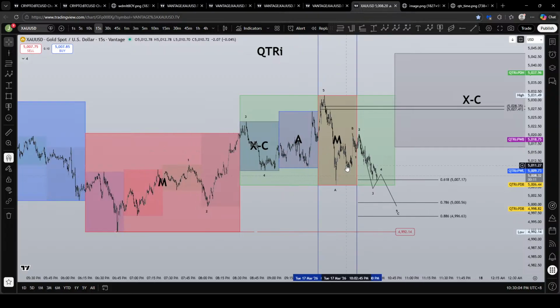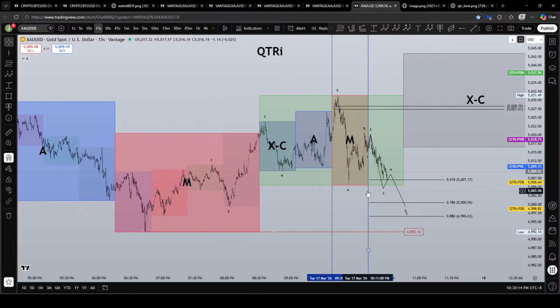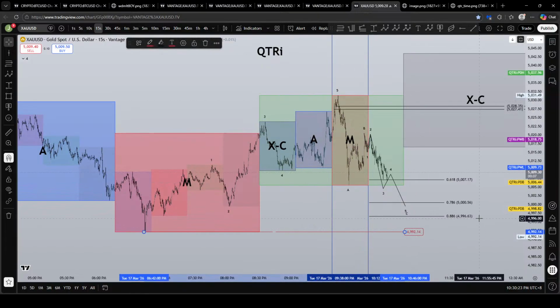And this will help us confirm that the third quarter will be a possible distribution. But of course, the distribution third quarter will be invalidated once we break the low of the second quarter.